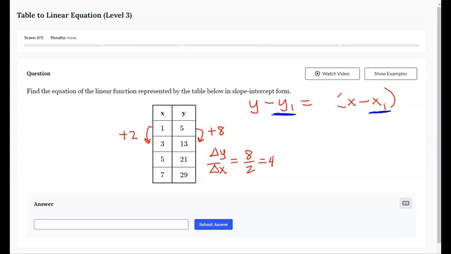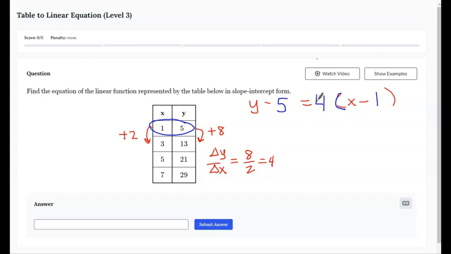So I'm going to put it into the formula. And now I'm going to erase and replace these point values with any point that I choose. So I'm going to choose this one. The value that goes here is the y coordinate. That's a 5. The value that goes there is the x coordinate, which is a 1.